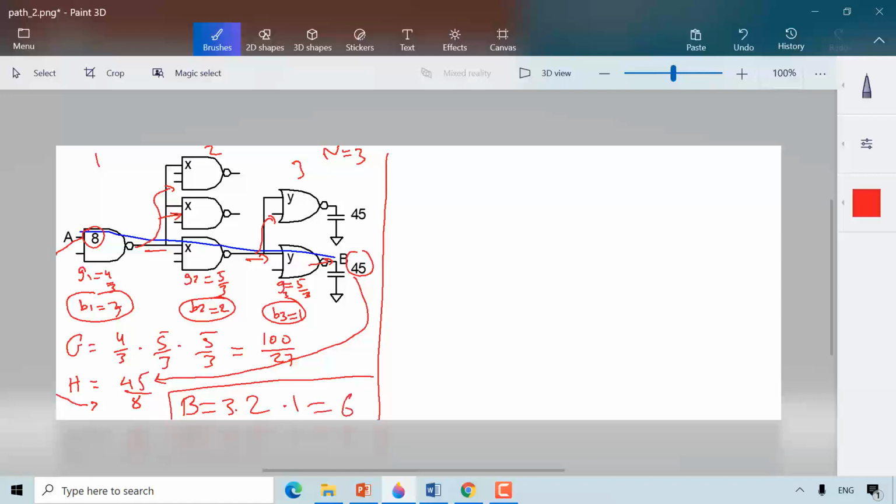Therefore the F for the entire path equals GBH. So this equals 100 over 27 times the B, which is 6, times the H, which is 45 over 8, and that comes to 125.